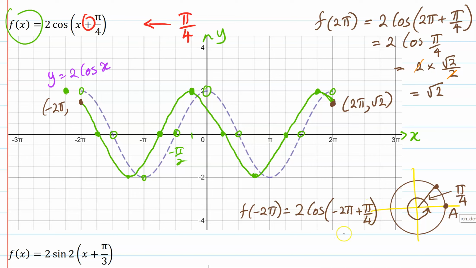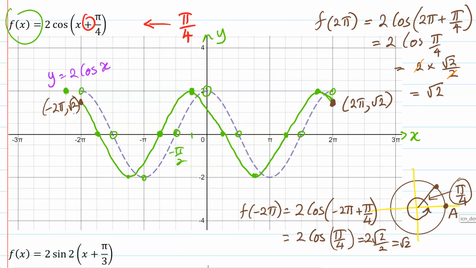Go 1 revolution clockwise and then back again 45 degrees, pi on 4. Where are you now? Exactly the same as the pi on 4 figure as we saw earlier. Therefore the height and the length are exactly the same as 2 cos pi on 4, which means I would end up with 2 times root 2 on 2 is root 2. Hence here the height is also root 2.